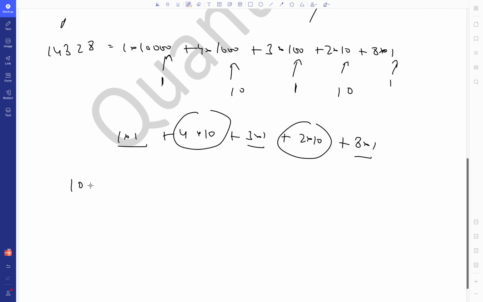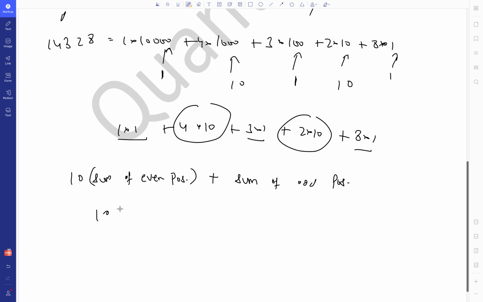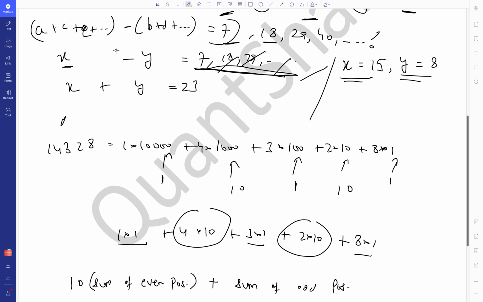The remainder is 10 times the sum of even positions plus the sum of odd positions, or as we wrote it earlier, it will be 10y plus x. This is the remainder with 33 for any number which is written like this.